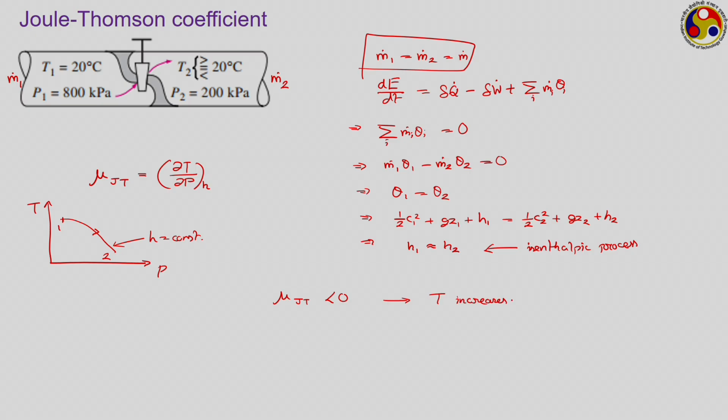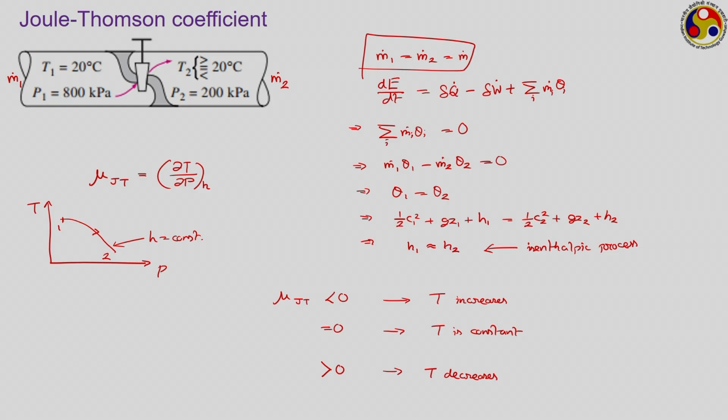So, a negative value of the Joule-Thomson coefficient during the throttling process indicates an increase in temperature. If this is equal to 0, that means temperature remains constant or there is no change in temperature during the process. Whereas, when the Joule-Thomson coefficient is positive, what does that indicate? Dou P is negative, then the coefficient can be positive only when dou T is also negative, that is, temperature also decreases similar to pressure.